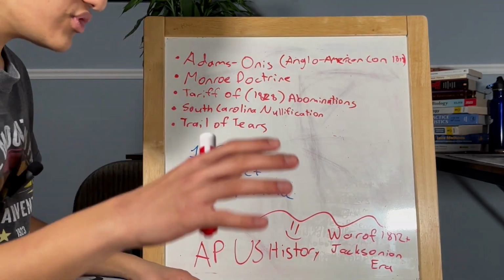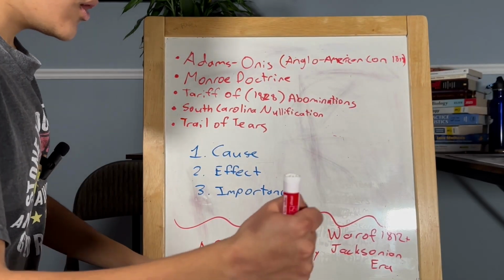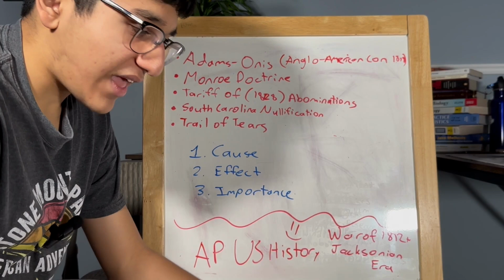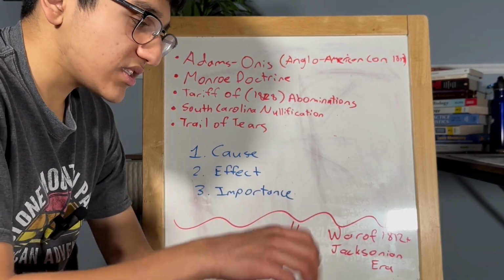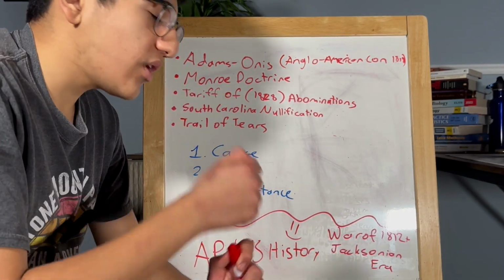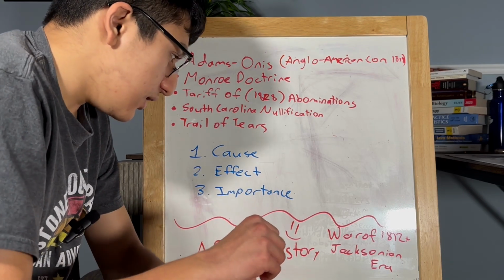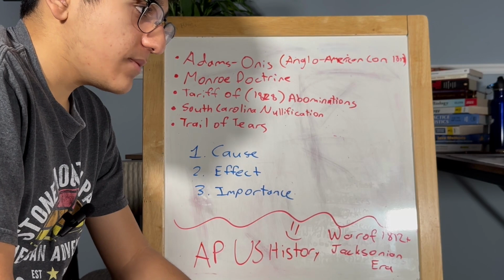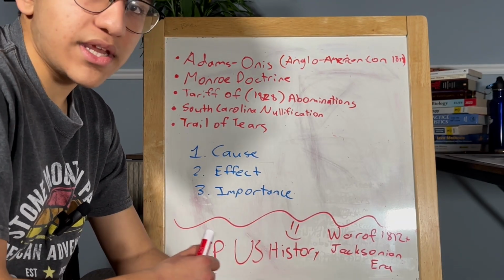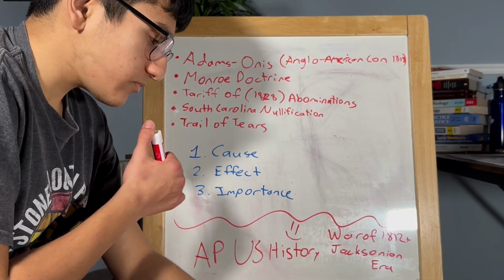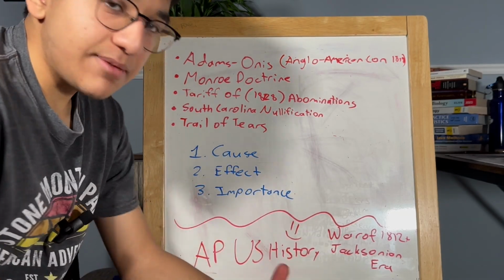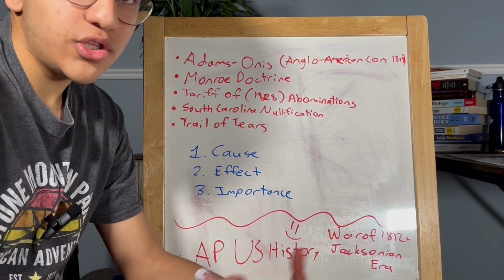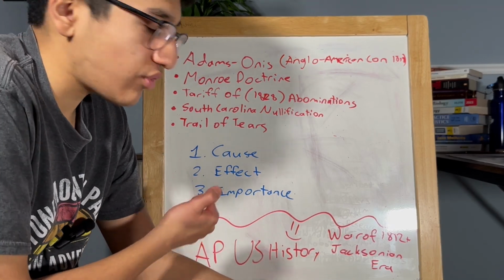The European countries cannot interfere with the newly founded Latin countries, or the U.S. The importance of this is that the British had mutual national interest, because the British wanted to keep the Europeans out of the Americas. So they enforced it until the U.S. could do it themselves, because they didn't have a strong navy yet.